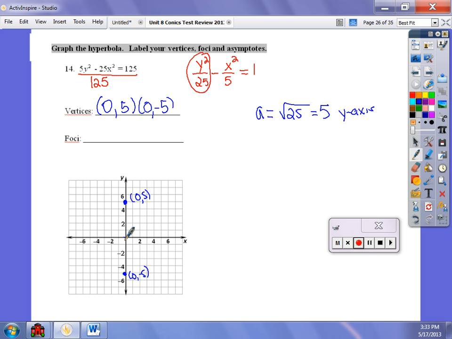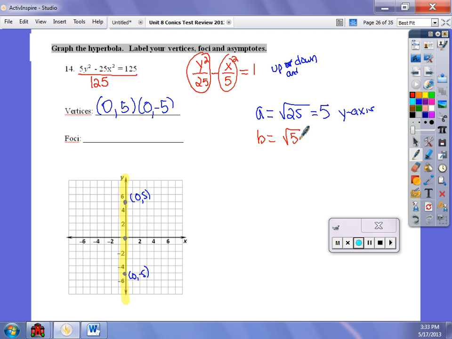Now since everything seems to be on the y-axis, that's your major axis. That's like that transverse axis, which means everything you do on this picture is going to be on that axis, meaning you're going to go up and you're going to go down. Alright, we also need to take the square root of the second number, that's b.